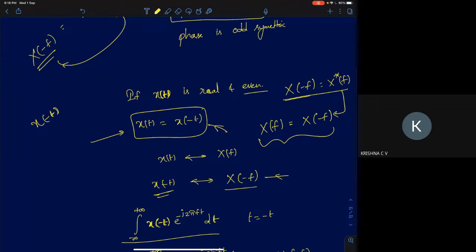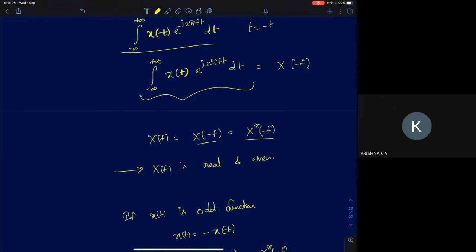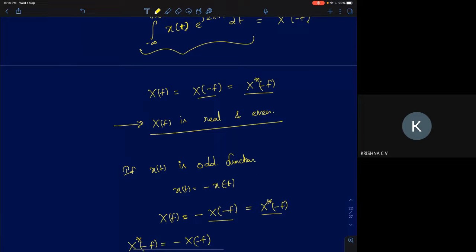So what kind of a function should X of f be? Is it a real or a complex number? It has to be real, right? It has to be a real number. On top of that, not only is it real, but since X of f equals X of minus f, it is also real and even. So your Fourier transform X of f will also be real and even. So for a real and even signal, your Fourier transform will also be real and even.